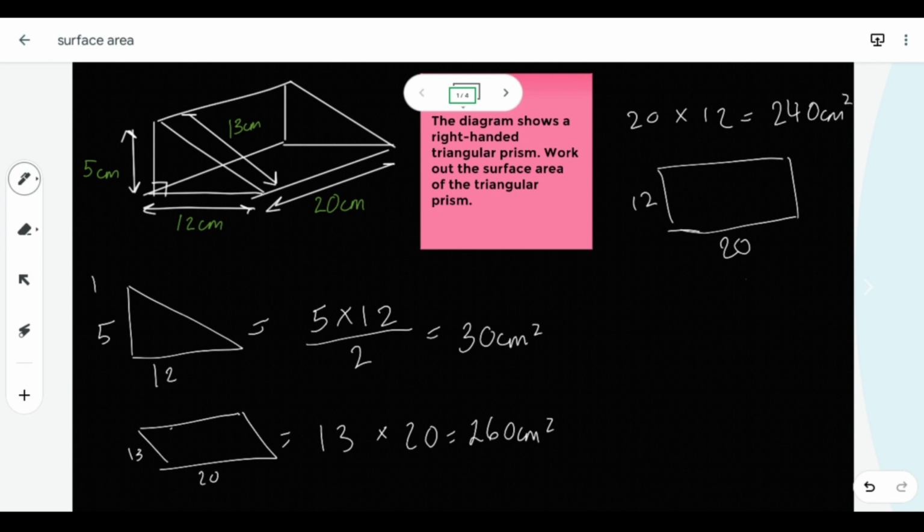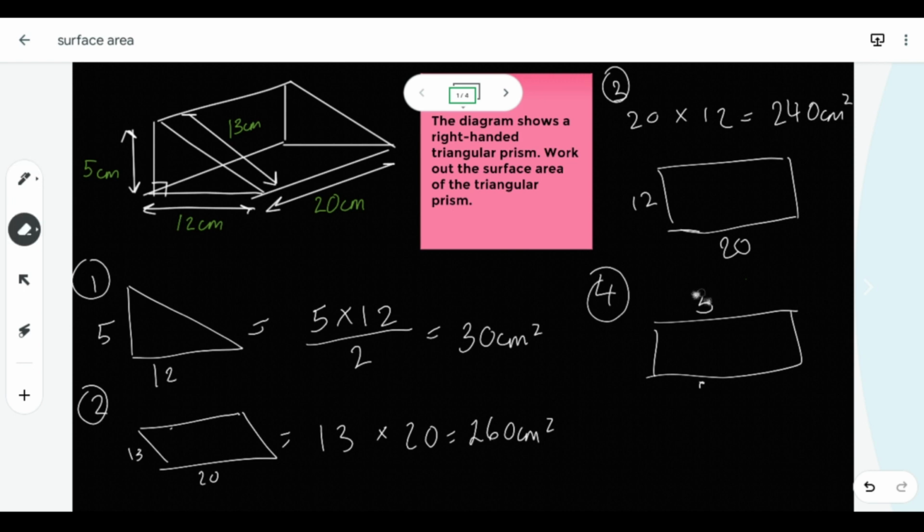So we have 1, 2, and 3, and then your fourth and final one is this area here, which is 5 by 20. So 5 by 20, and timesing that together gives me 100.